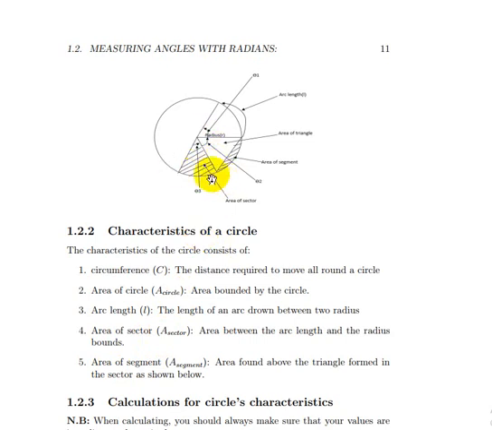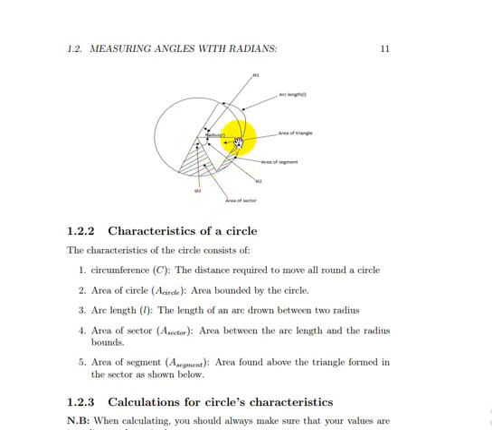If you have a sector as such, and then you draw a line in this sector, you are going to have two segments as shown here. Let's say you have an angle theta found between this sector here, and now you draw a diagonal line from here to this point here.